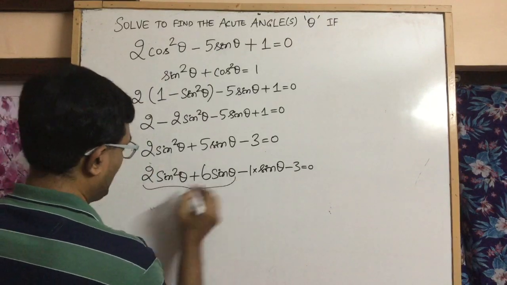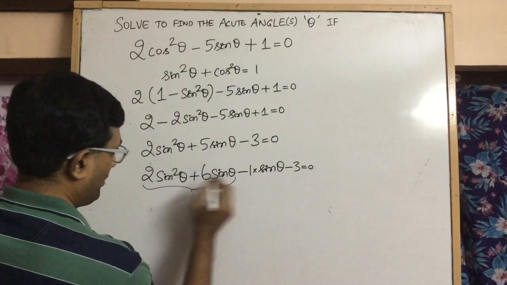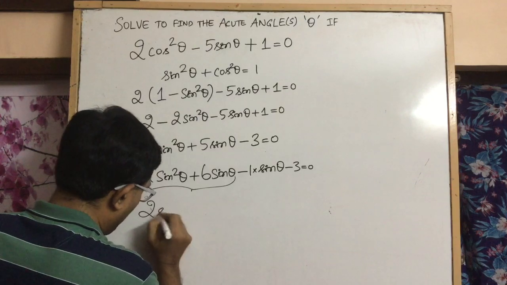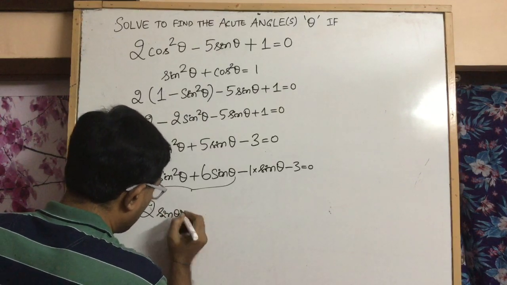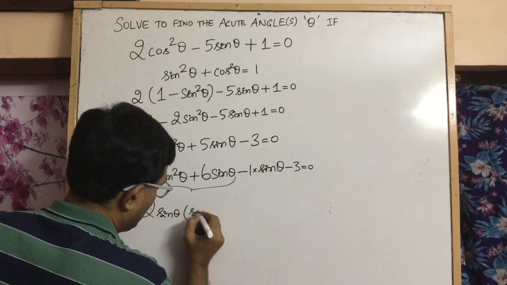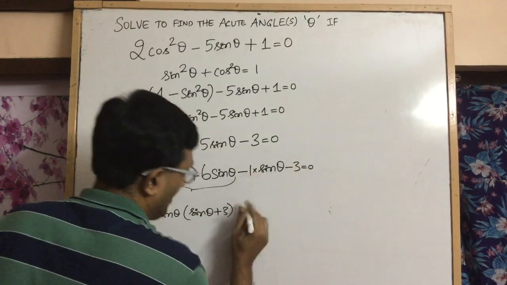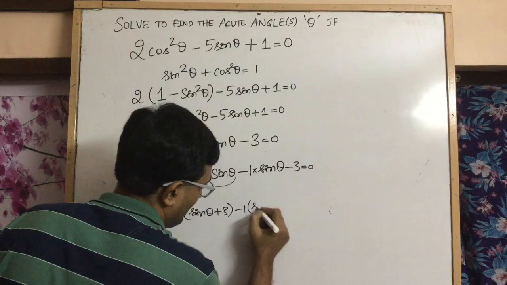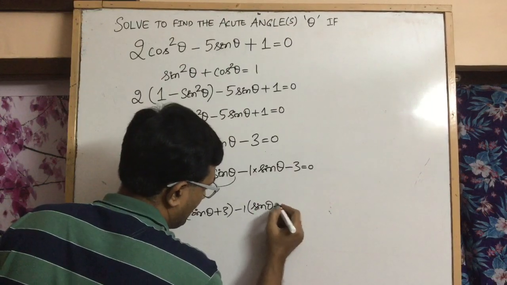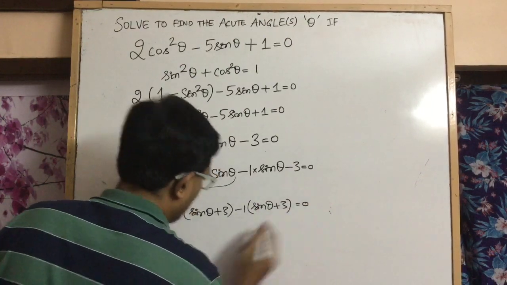And here we go. We pull out 2 sin theta common from this into sin theta plus 3, and here it's going to be minus 1 that's common into sin theta plus 3. This is going to be equal to 0.